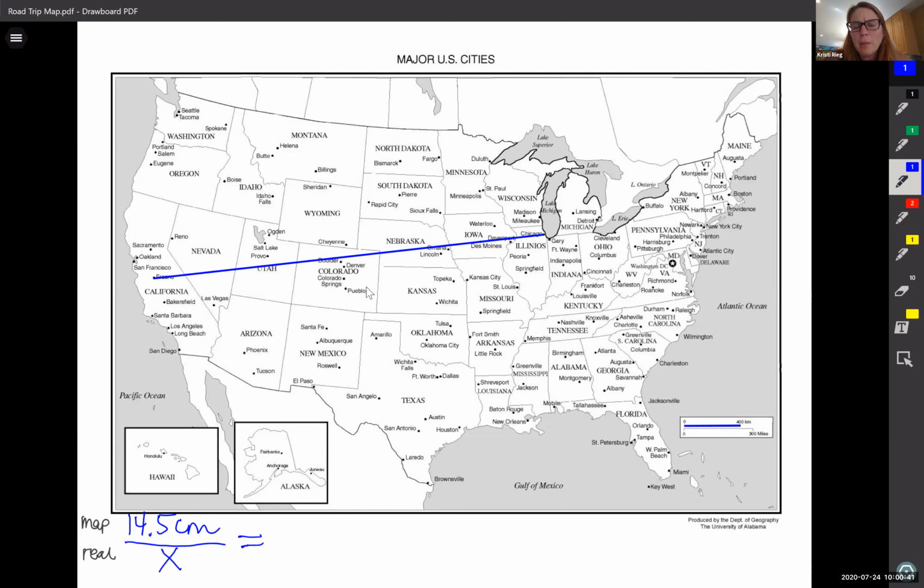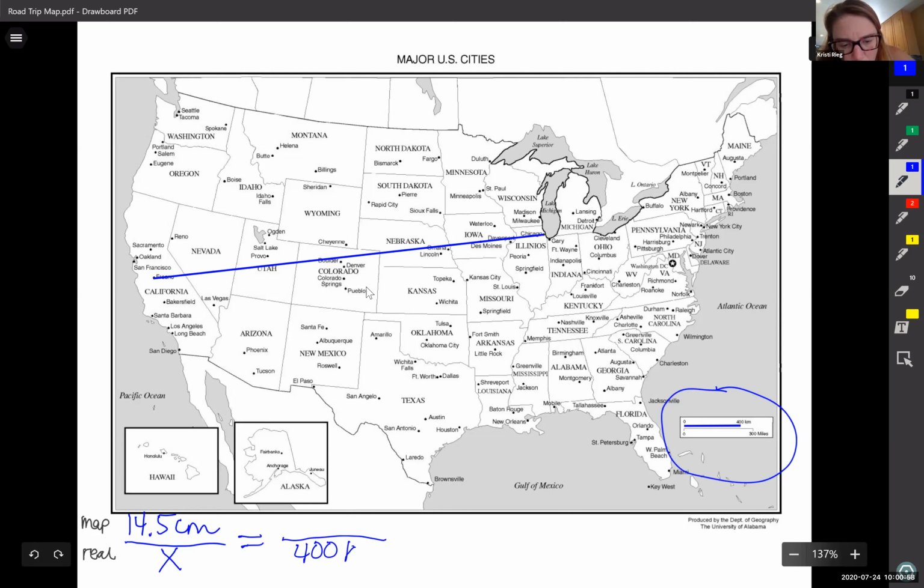Now, what is my proportion for the map in general? Well, going down to my scale down here, I know that my blue line on the scale represents 400 real life kilometers. So now I'm going to use my ruler and measure my scale.